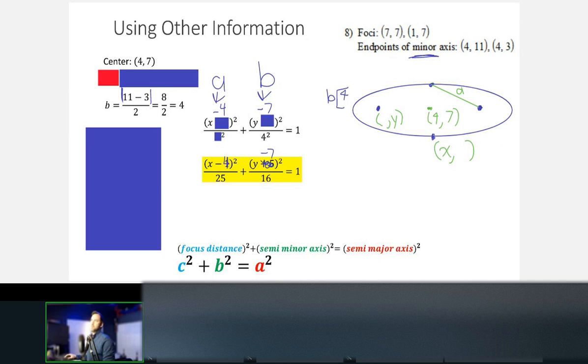Let me just show you that work. Here's the equation that I used to find our C, which we found to be 3. It's just the distance from the center to one of your focal points, which is what I did. I used our found center, which we said was 4 comma 7. I'm sorry, I used 4 to 7, not 7 to 4.